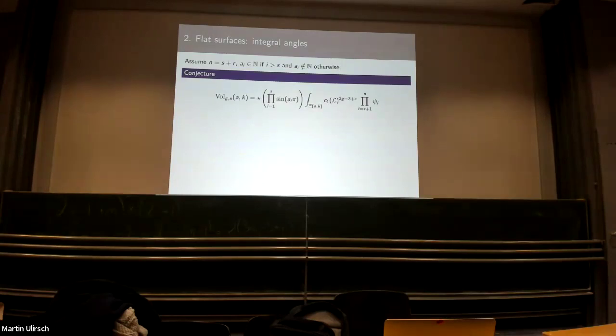I still have this c1 of this line bundle in the background, but I should replace at least part of this c1 of L, otherwise I get only 0. The conjecture is that for each of the markings which are integral, you should just put a psi i. I don't give you the definition of the psi i, which is a bit of a pity, but I will invite you to look it up.